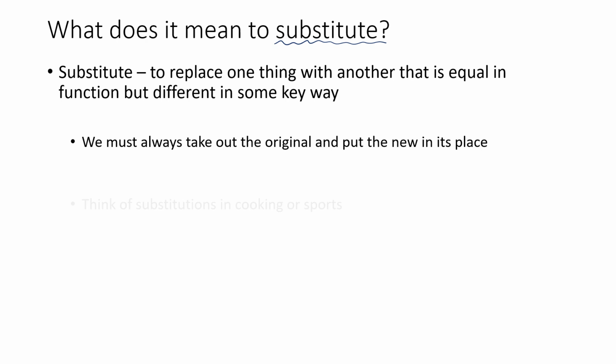Let's make this even more real. Okay, let's think about cooking. My dad was diabetic, and so when my mom used to make pies for my dad, she would take out the sugar and replace it with something else, maybe Splenda or stevia, something that wasn't plain white sugar.